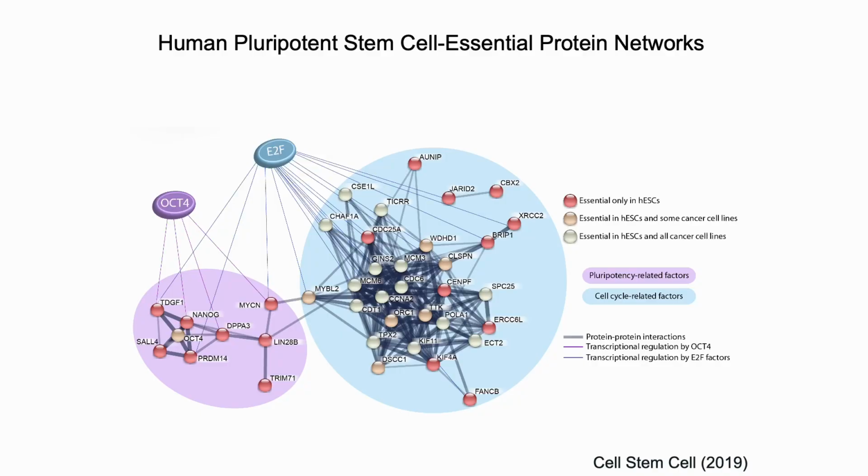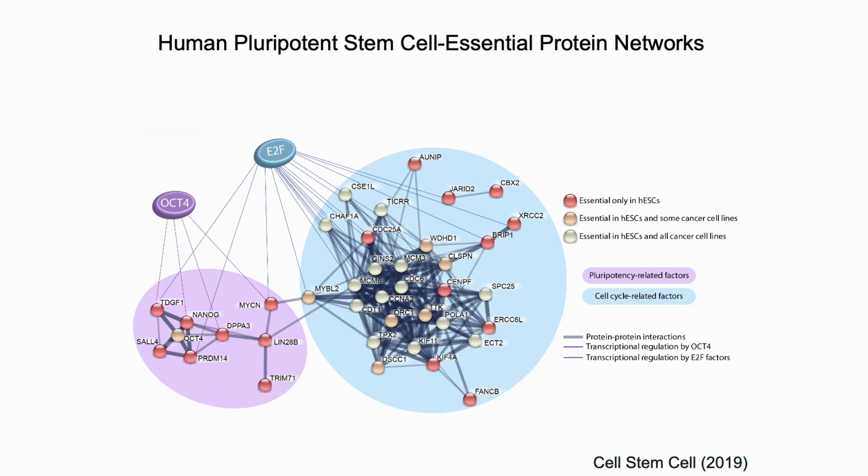Now when we look at these genes that are essential and specific, we see these two groups. This one is the bigger group that regulates self-renewal, and the smaller group is the one that regulates pluripotency, or the stage of differentiation.